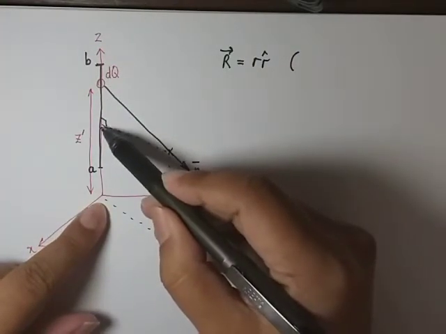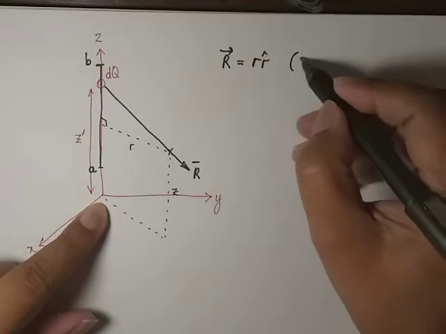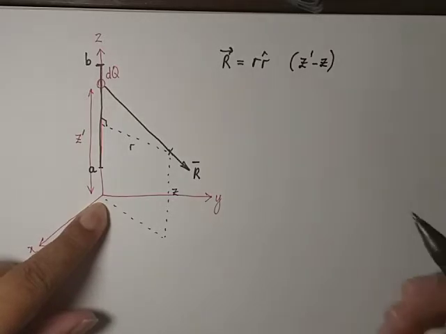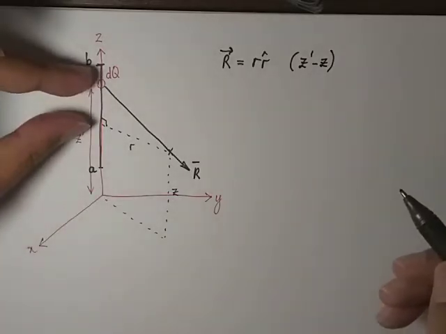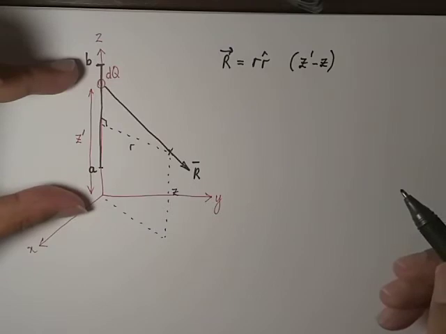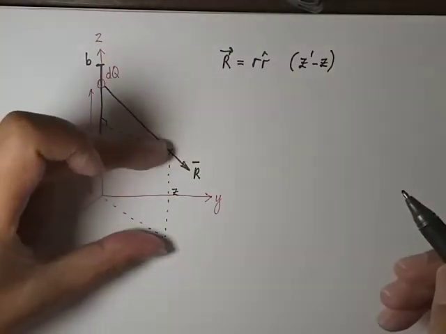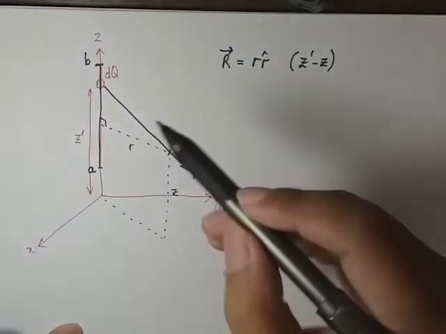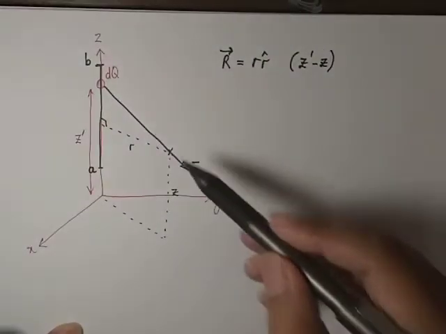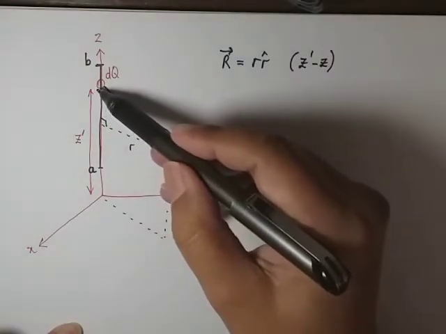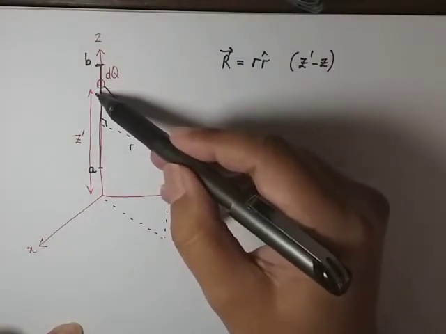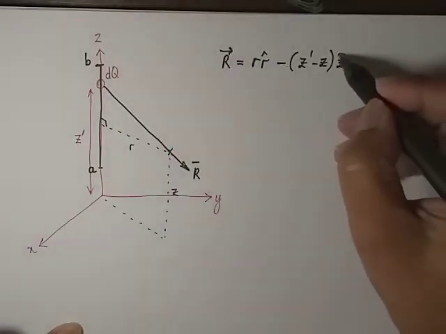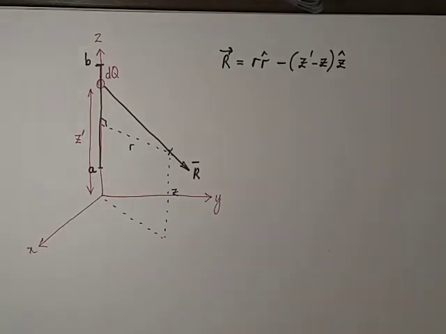Yes, it should be z prime minus z. That is the magnitude because you are taking the difference between the sample height and the E position height. And now the direction should be moving downward, because you can see from the simple diagram the vertical component must show a downward direction. So it must be the negative z direction. So that's how we define the vector.